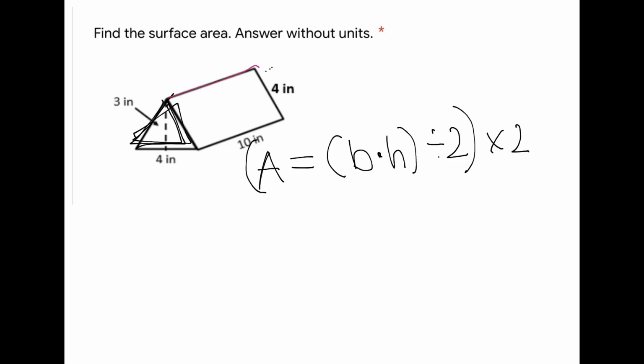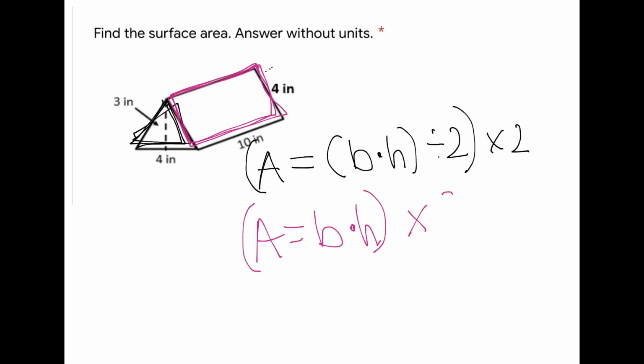And then you're going to find this right here, this rectangle. And we know that the area of this rectangle is going to be your base times your height. And once you find that base times its height, you are going to times that by 3.